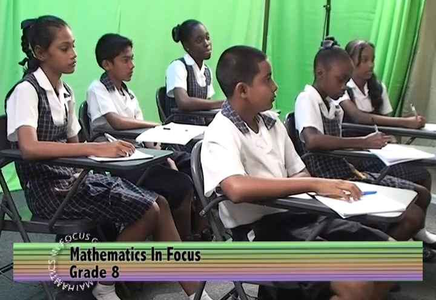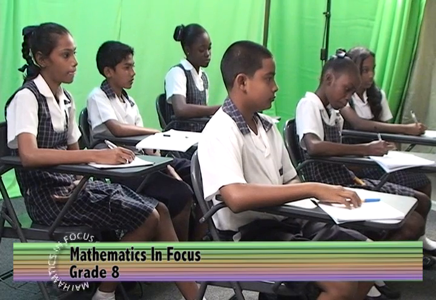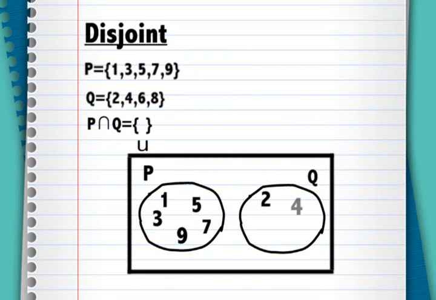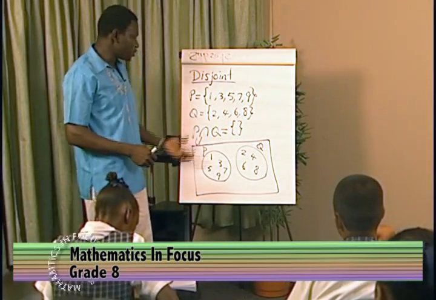This is the set P, and this is the set Q. We list the elements 1, 3, 5, 7, 9, and here 2, 4, 6, 8. Clear? Yes.